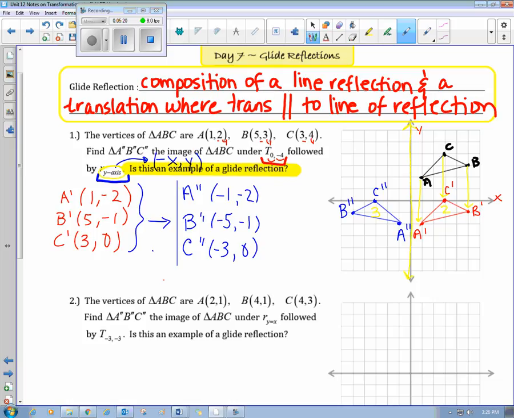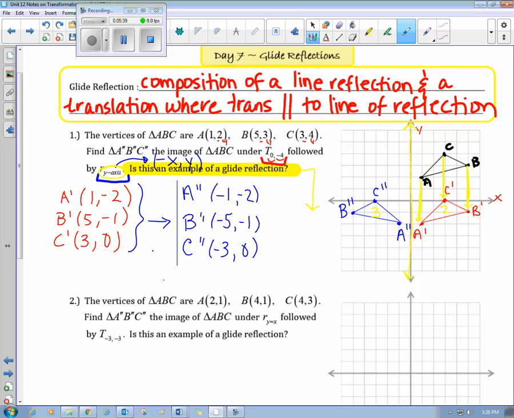Now, to answer their question, I have to say whether or not I consider this to be a glide reflection. And what you have to do is you have to see if your lines of movement on the translation are parallel to the line you reflected over.